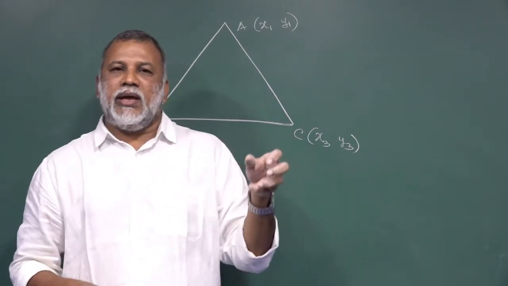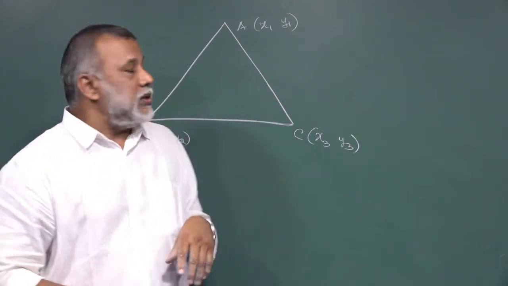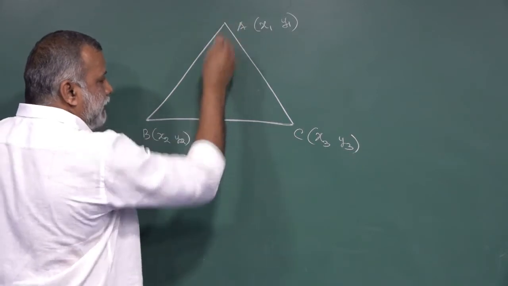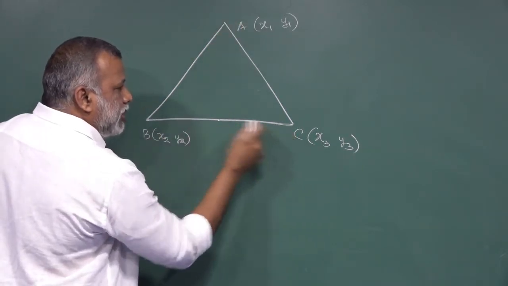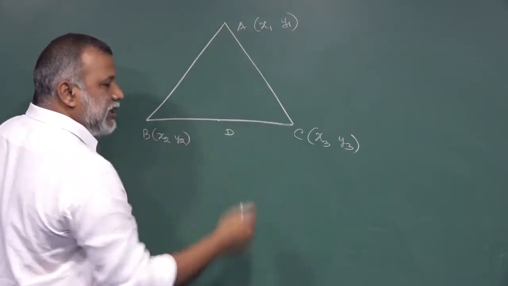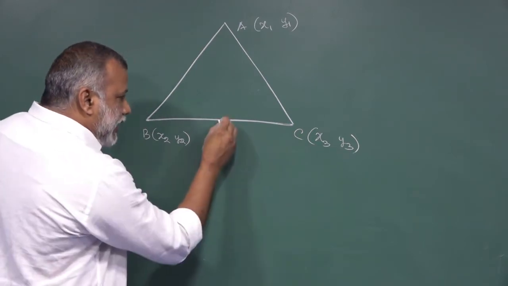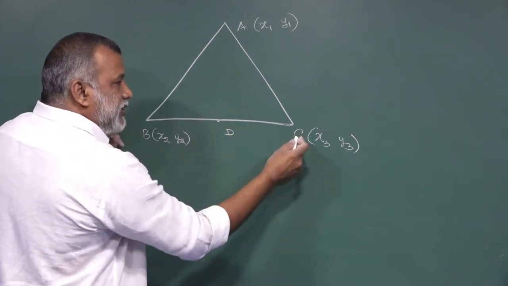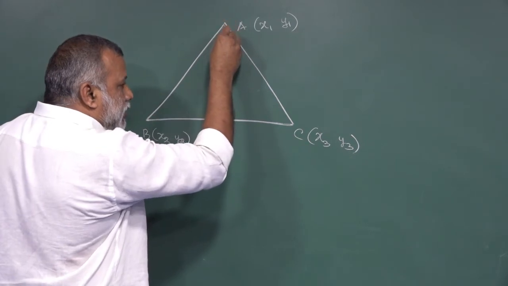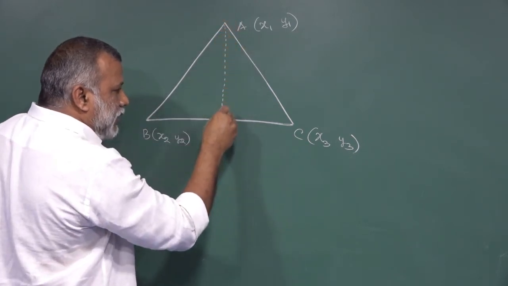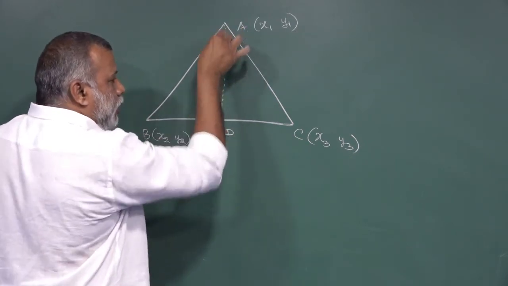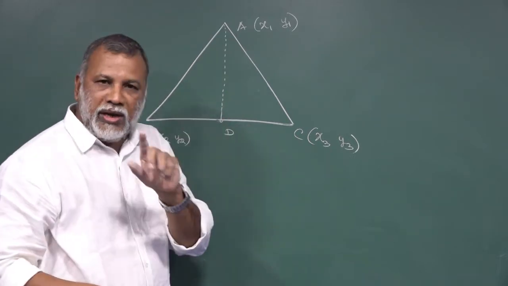First, what is the definition of median? The vertex A joined to the midpoint of the opposite side. I am considering D here. So D is the midpoint of BC. Then if you draw, that means connecting these two points, AD is said to be one median.